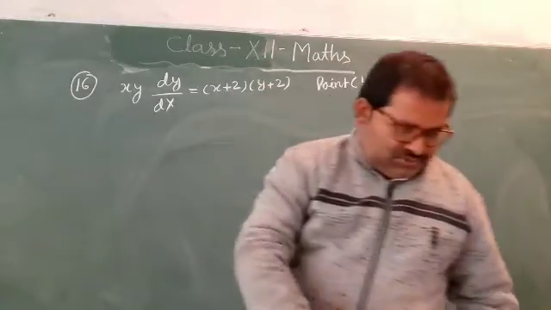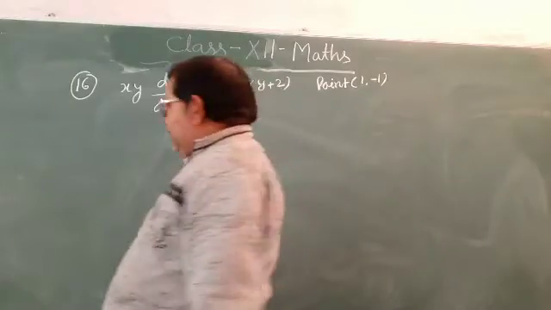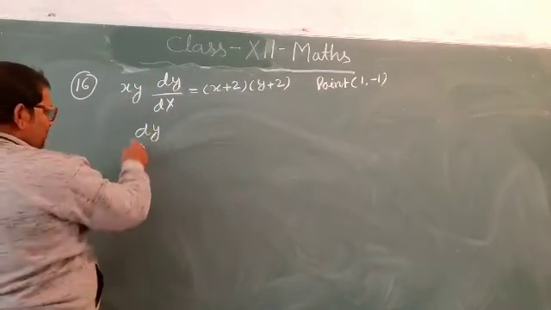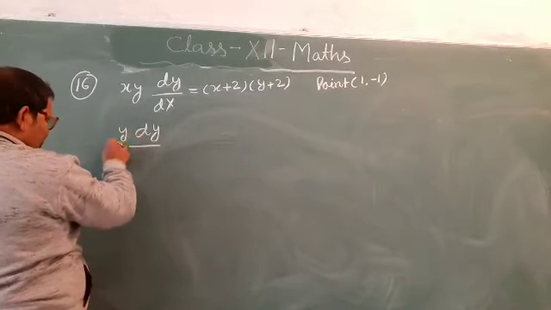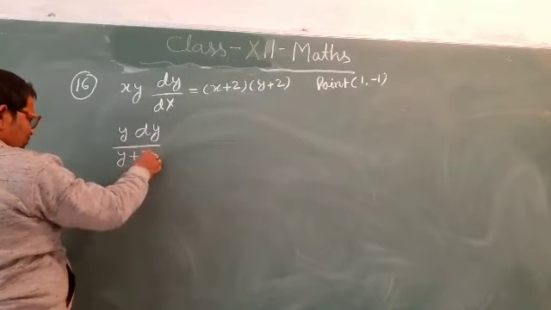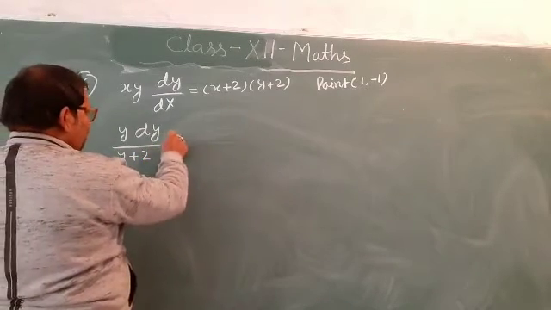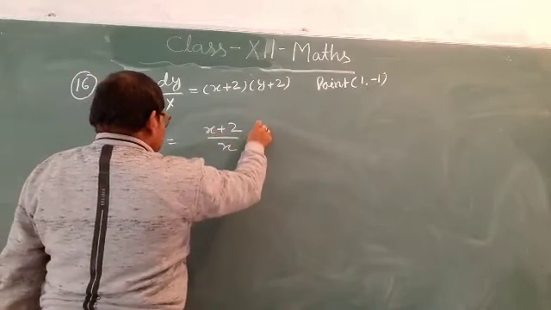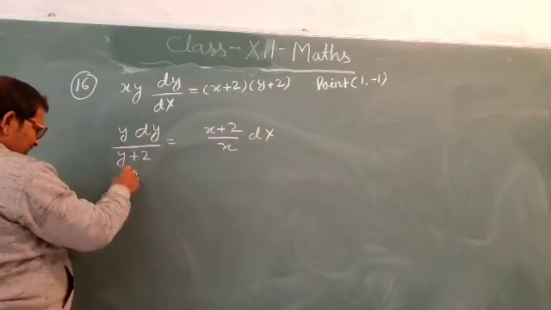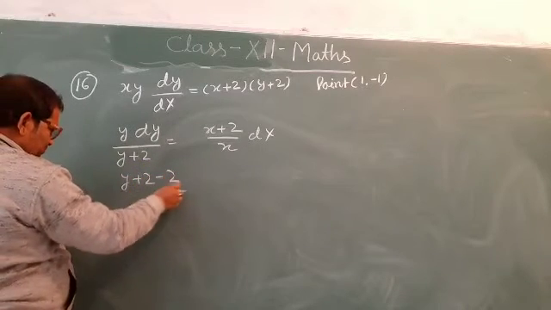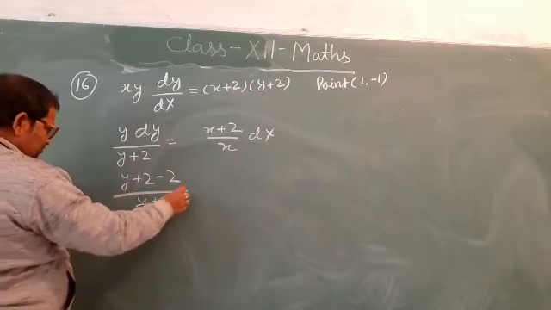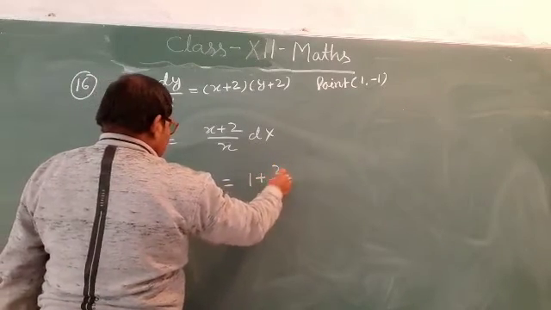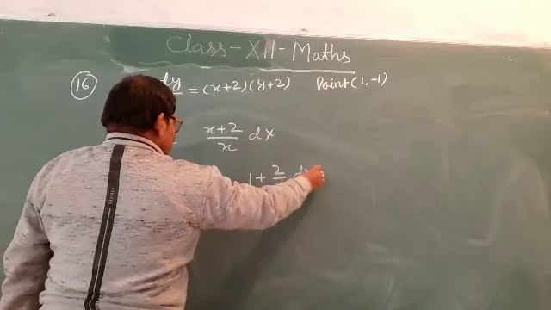So the given differential equation gives y/(y + 2) dy = (x + 2)/x dx, and (y + 2 minus 2)/(y + 2) dy = (1 + 2/x) dx.